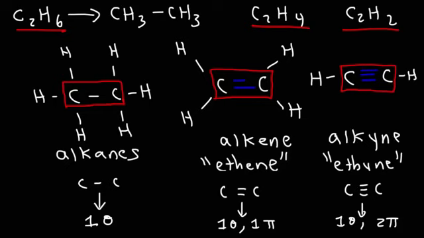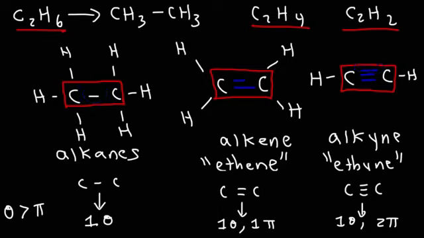Now, which bond is stronger, a sigma bond or a pi bond? You need to know that sigma bonds are stronger than pi bonds. So it's harder to break this bond versus just one of the pi bonds in the triple bond. Not all 3 bonds, but one of the pi bonds.